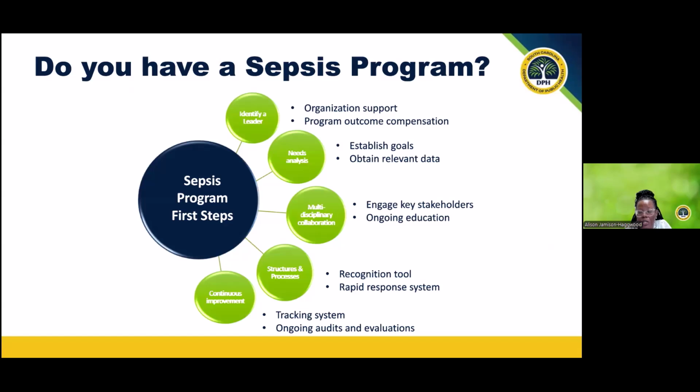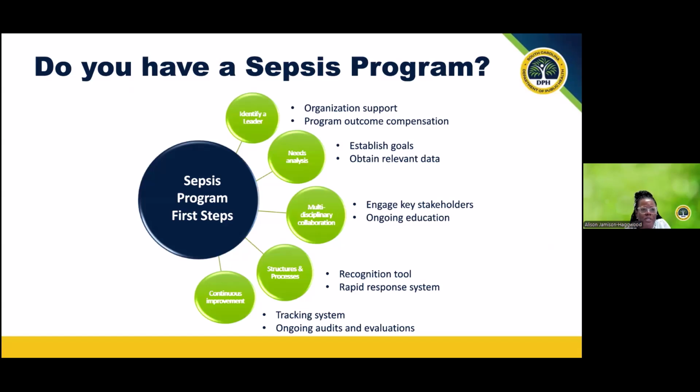And then, of course, you want to include your multidisciplinary team, having a collaboration with them. You want to engage your stakeholders and involve various departments and professionals, because that's key in having a successful sepsis program. You want to include your infection control or infection preventionists, nursing, pharmacy, even your physical therapy.